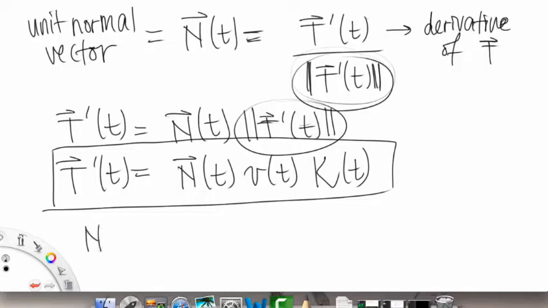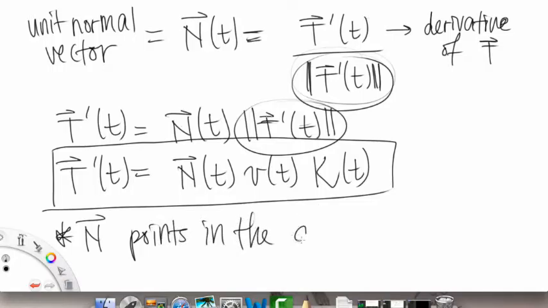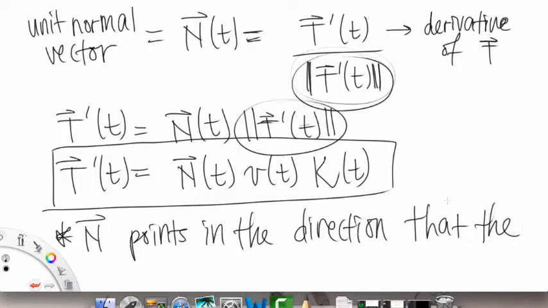Another thing to note is that the unit normal points in the direction that the curve is turning, or bending, whichever way you want to think of it.